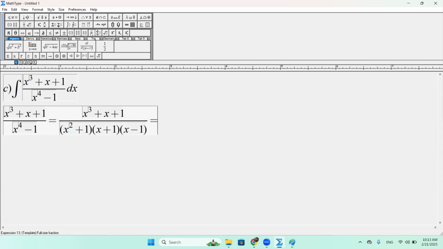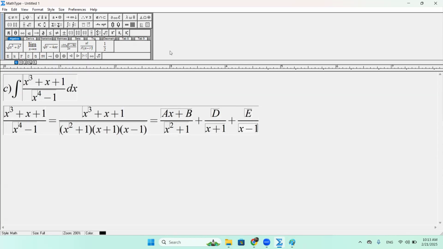Then we use another approach. So x squared plus 1, and here ax plus b. It's written like this in such cases. And here we will do as we did before. So let's use d over x plus 1 plus e over x minus 1.